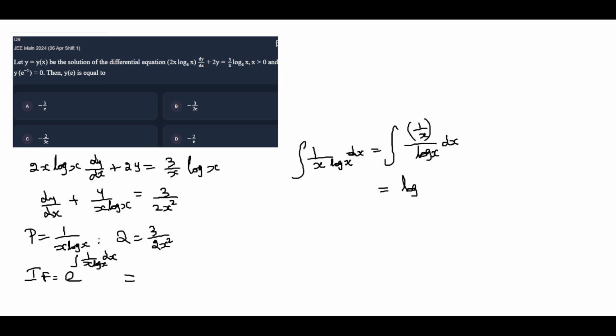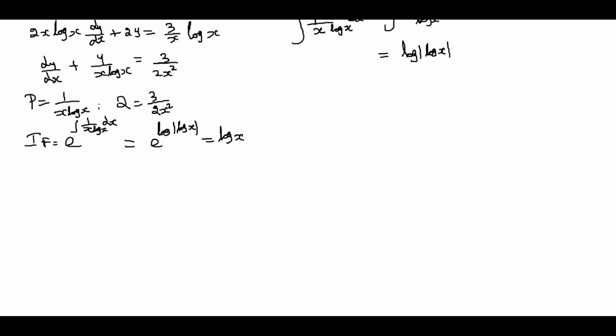So it is nothing but log of log x. So IF is e power log of log x. Exponential and log will be cancelled, so the answer will be log x. So IF is log x. Now y into log x is equal to integral q, 3 by 2x square into integrating factor log x dx.